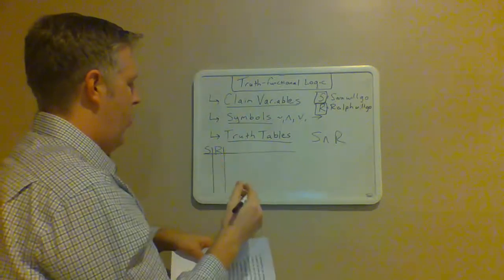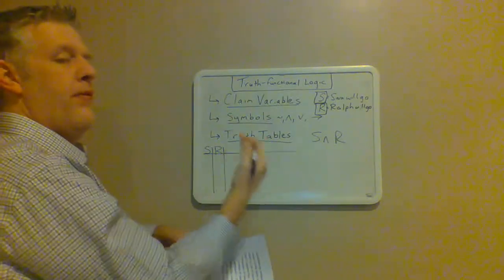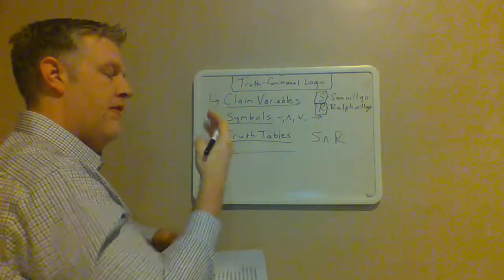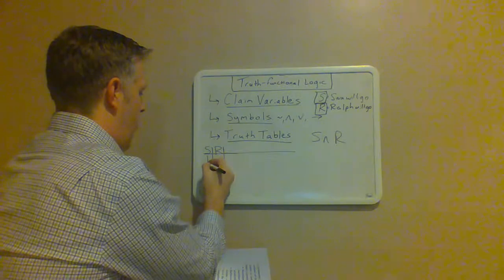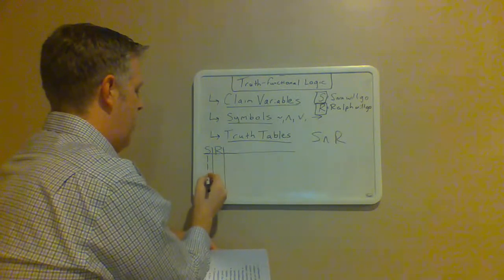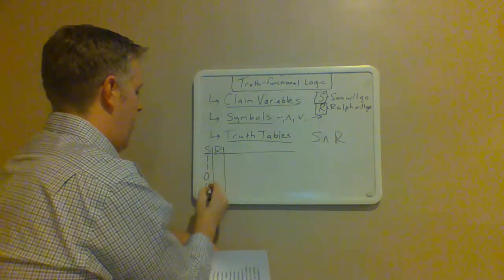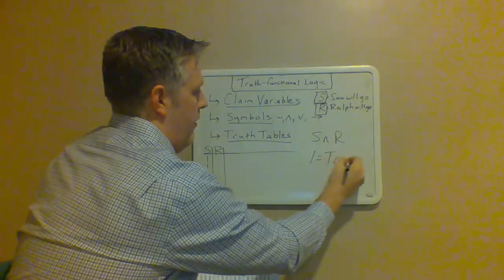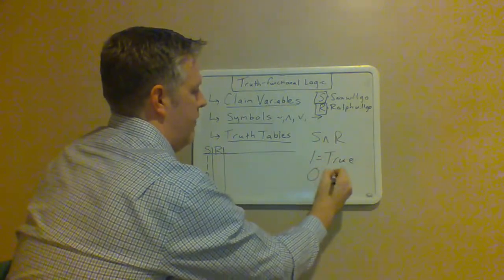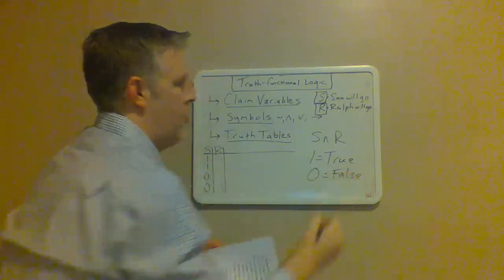So on the far left column, the one you put to the far left, you divide your rows by 2, and you'll start with half trues and then half falses. And by the way, I like to use ones for true and zeros for false, and I would encourage you to do the same.